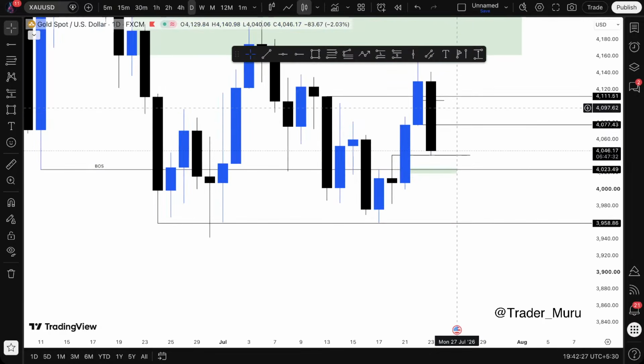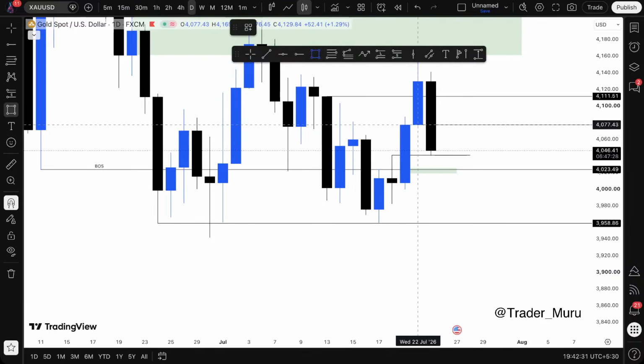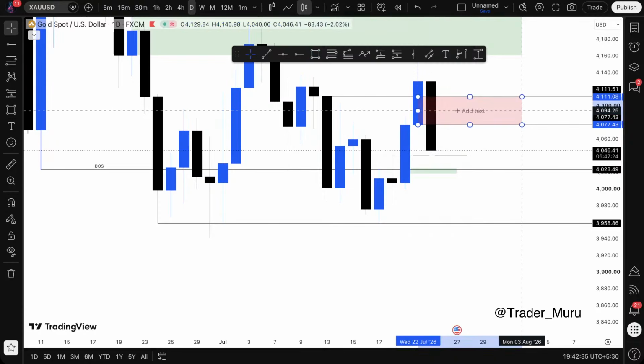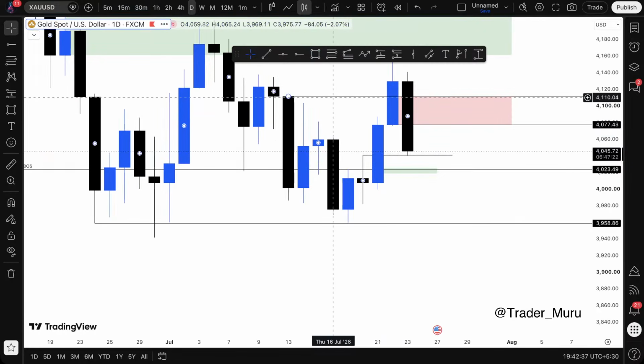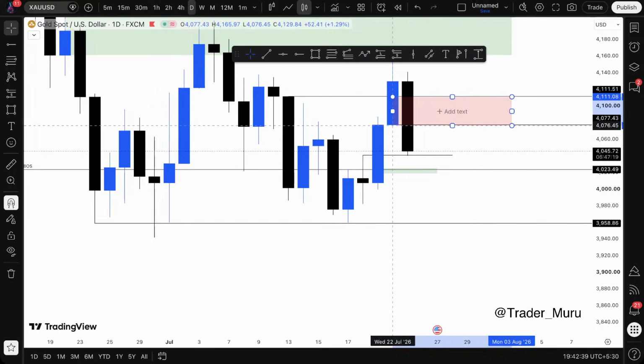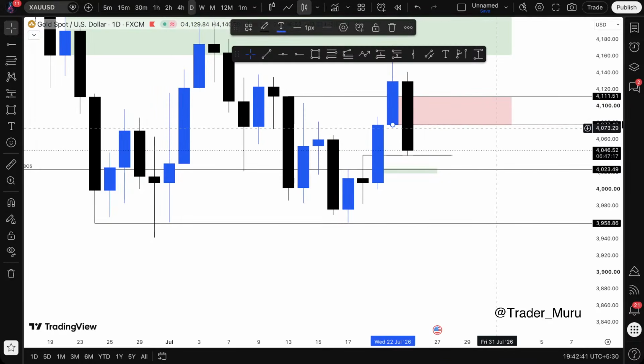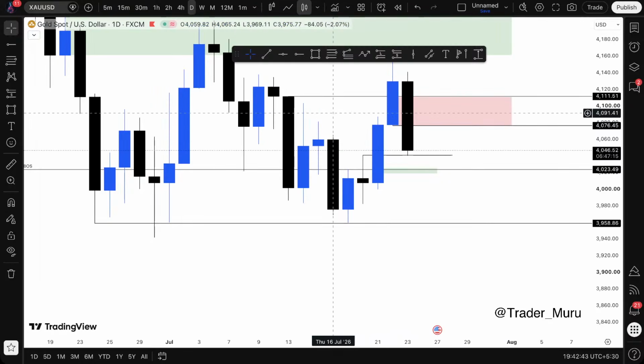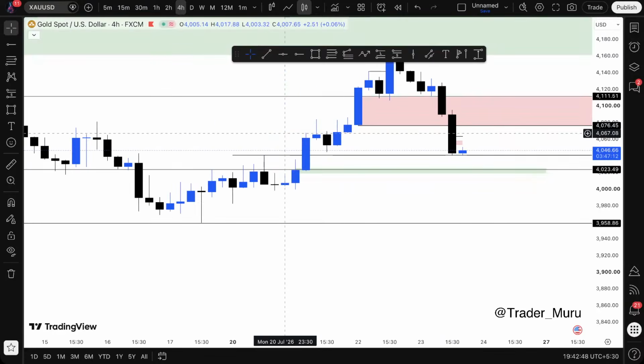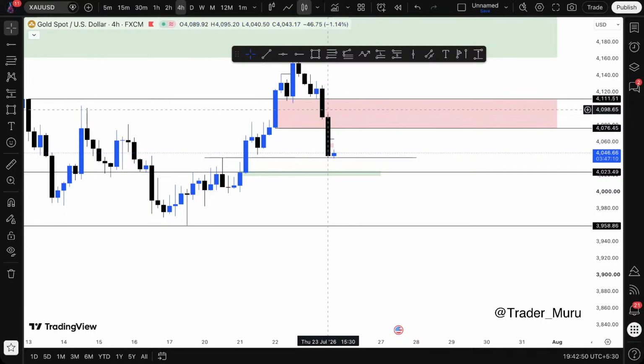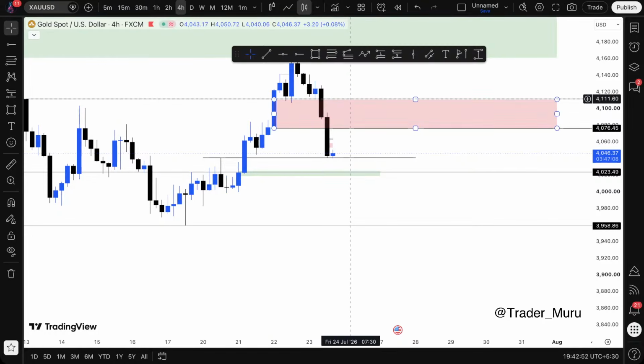So it is clear that you will get a short entry from this zone. This is our weekly high and this is our momentum break candle. So if it wants to hold, you will have this area test, maximum 4111.